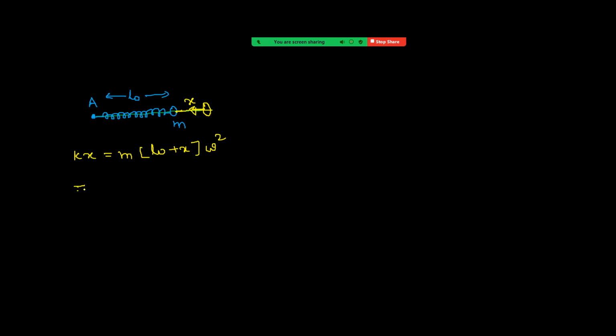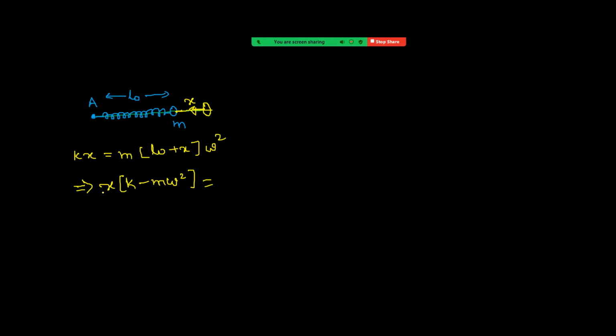From this we can calculate elongation. kx equal to m x omega square plus m L naught omega square. Take m x omega square to left side. Then see what we can write here. Kx, we want to take x common, remaining k minus m omega square. Cross check once. We have taken m x omega square to left side.